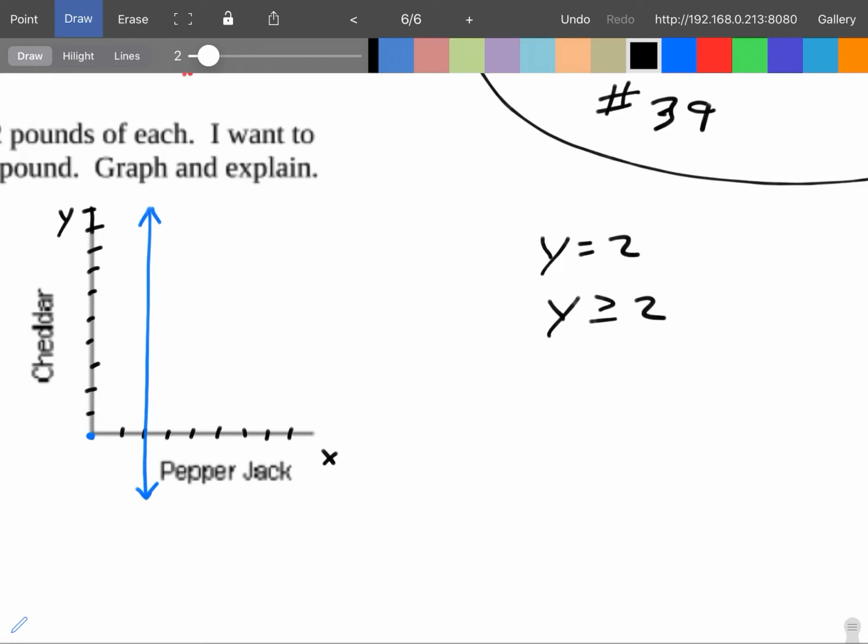So then is y equals 2 a vertical line or a horizontal line? Horizontal. Good, yeah. All the y coordinates on that line would be 2. So let's do this one in red.